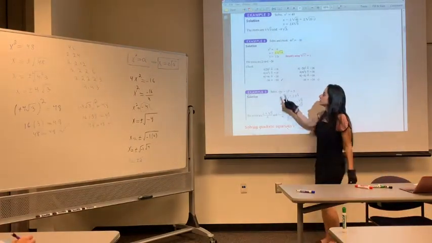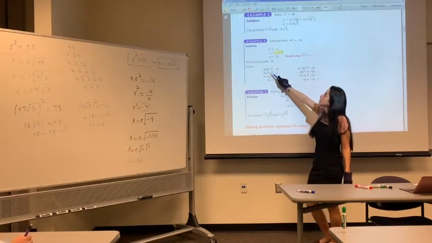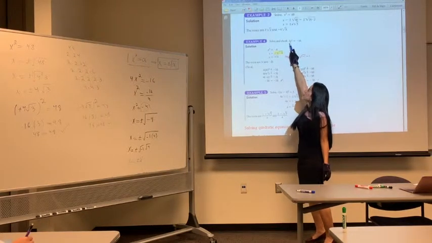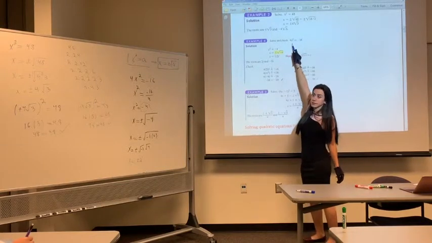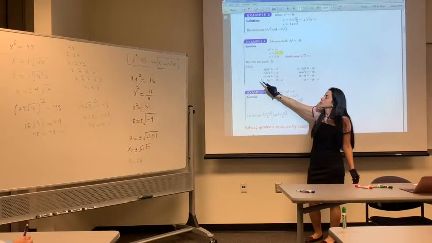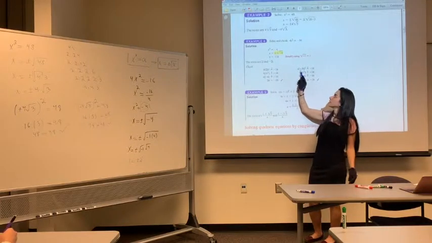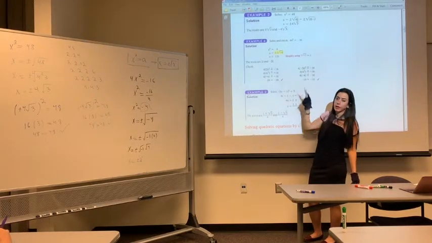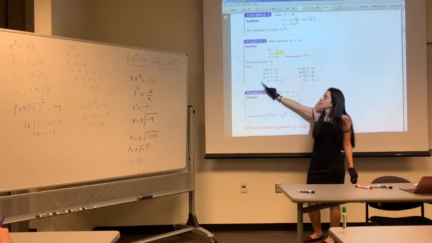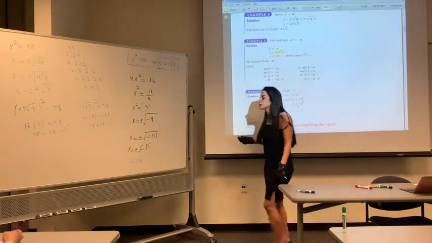And then they are trying to check their answer. So they will put positive 2i for x, then negative 2i for this x. Then 2i power 2 is 4i power 2, and negative 2i power 2 is 4i power 2, the same thing. 4 multiplied by 4 is 16, but do you remember what i squared was?